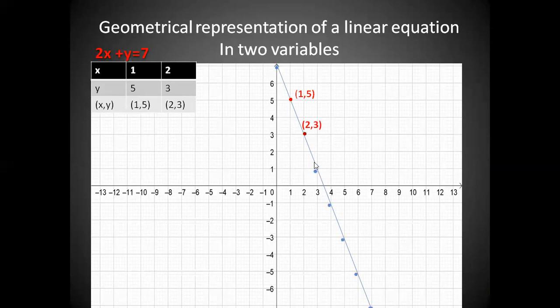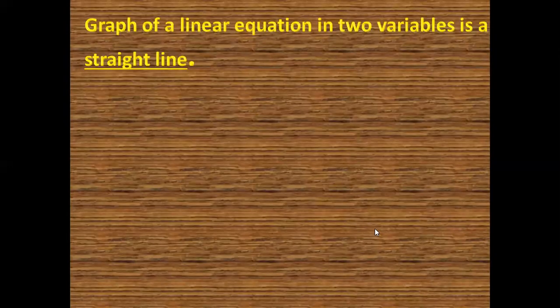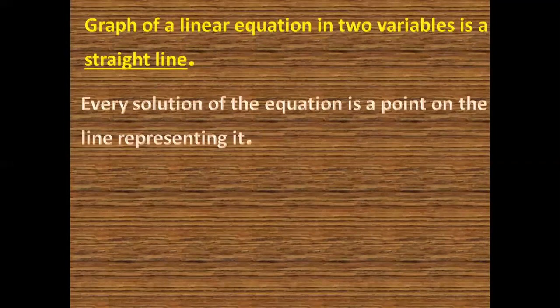These are all the solutions of 2x plus y is equal to 7. (5, 1) is not a solution because it does not lie on the line. So the graph of a linear equation in two variables is a straight line.